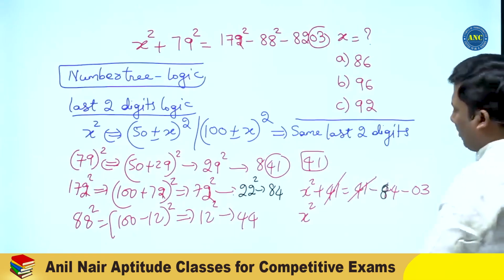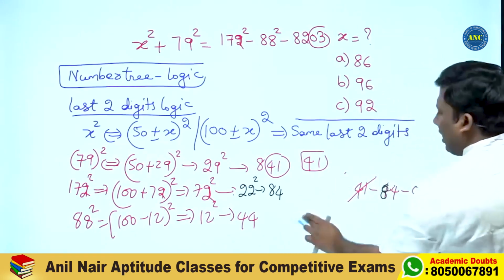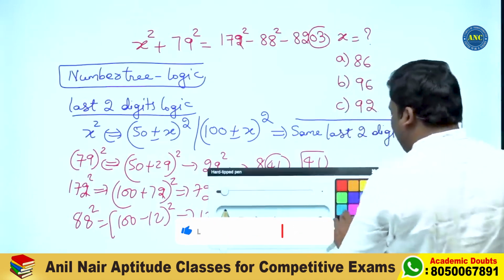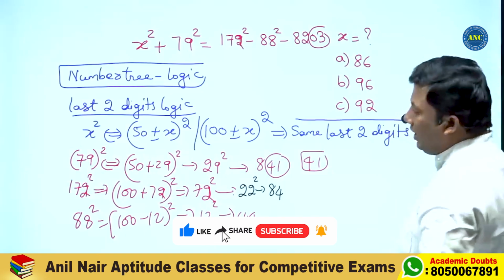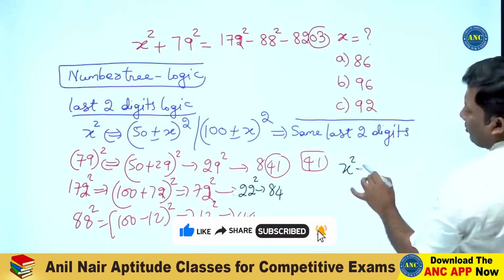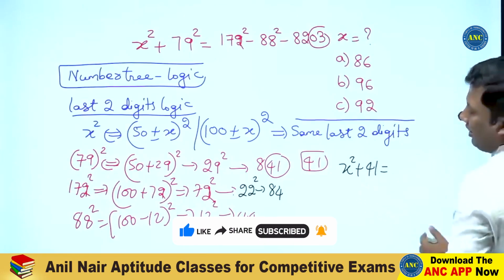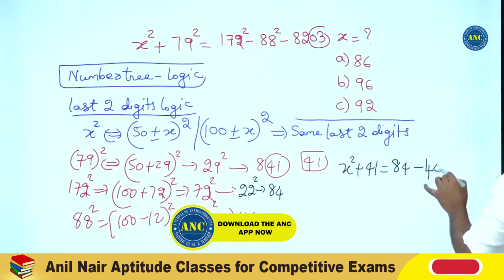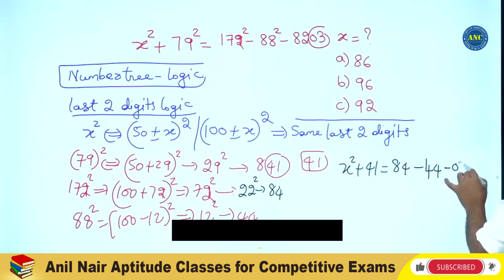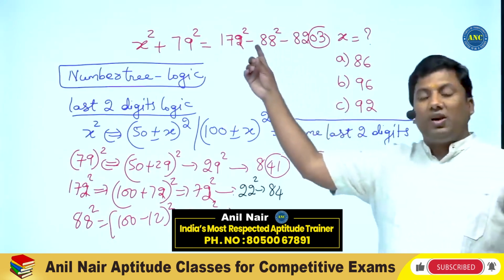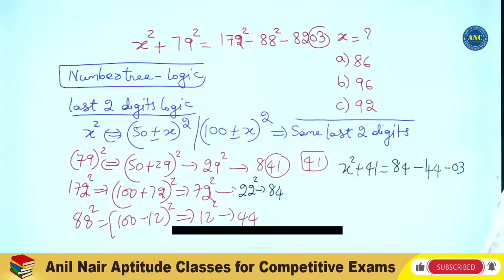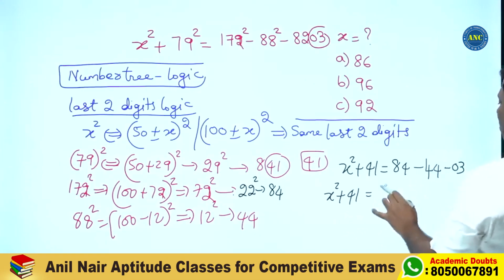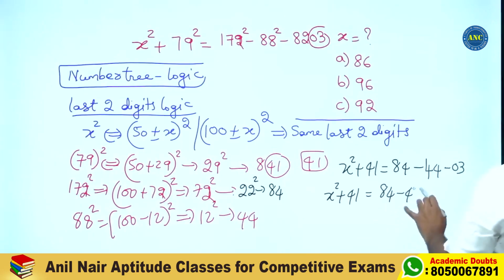x square plus 41. I'll erase it like this. Avoid any calculation mistake. I will come to know if I did any calculation mistake. x square, 79 square is 41, 172 square is 84, 88 square is 12 square, 144, minus 03. I took the question as 179 square. I hope you understood the mistake. So x square plus 41 is equivalent to 84 minus 47.